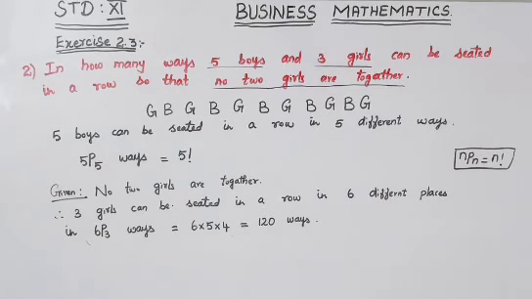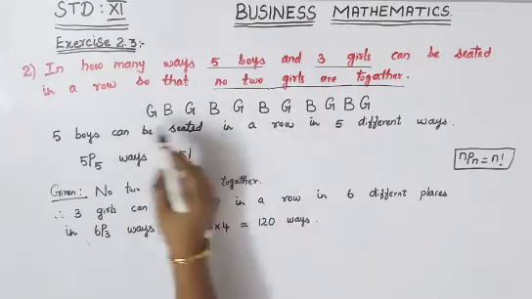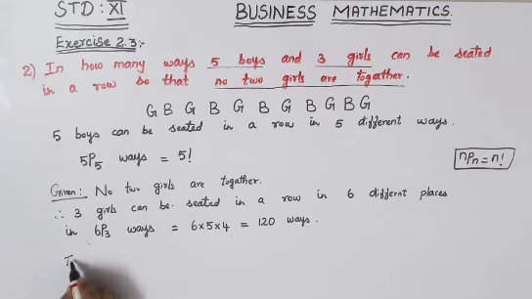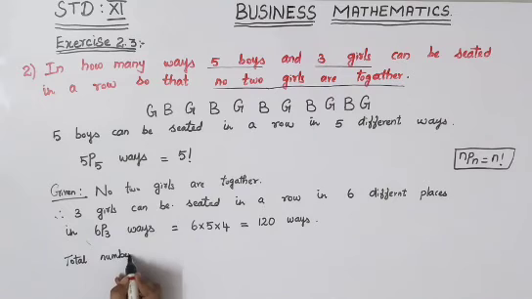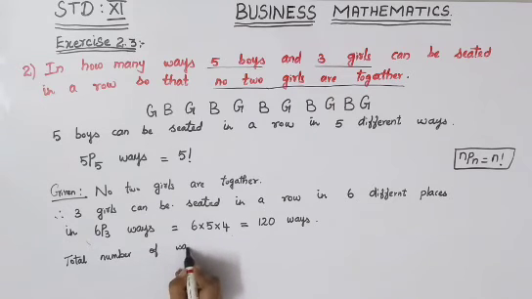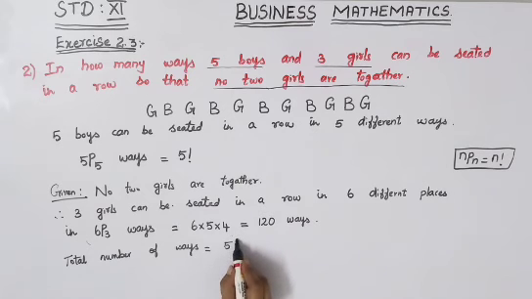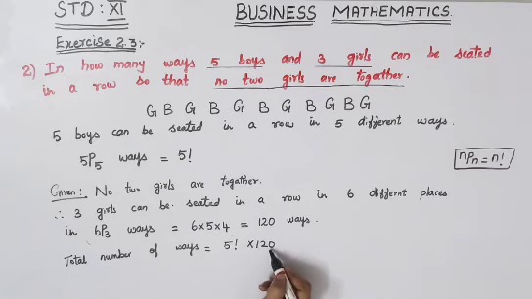So now you have finished placing your boys as well as your girls. Now all the girls are separate. Therefore the total number of ways is equal to, multiply these two answers, that is 5 factorial into 120. 5 factorial is 5 into 4 into 3 into 2 into 1, into this 120.